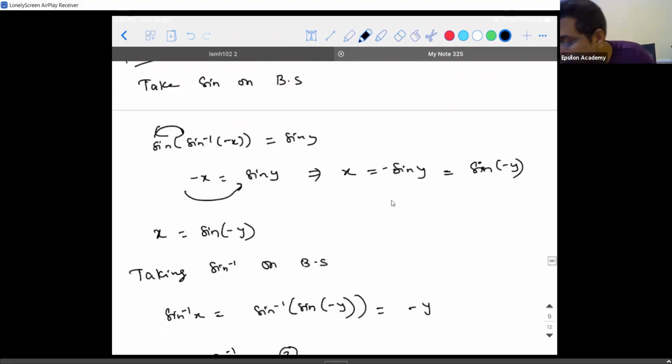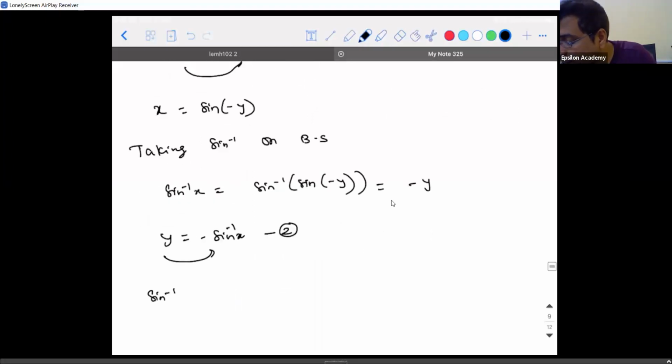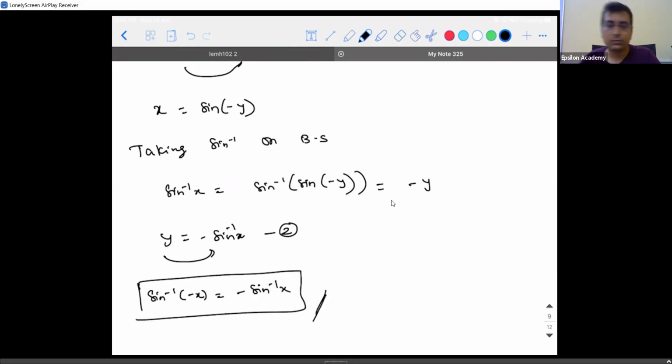The second equation is telling me y is equal to minus sine inverse x. So from 1 and 2, I can write sine inverse of minus x is equal to minus sine inverse of x. Clear? The other proofs you can do on your own.